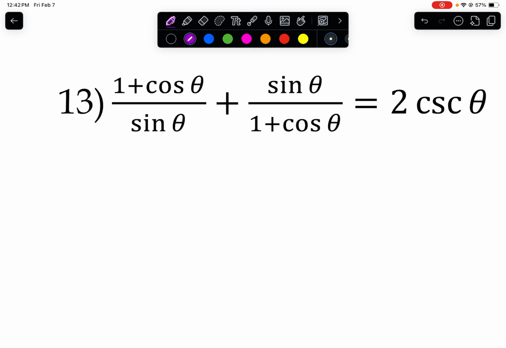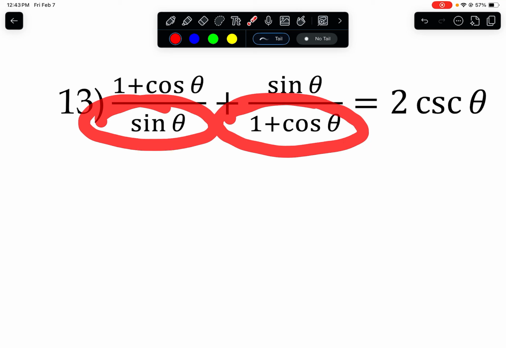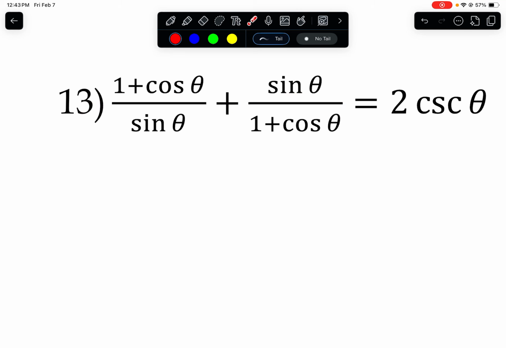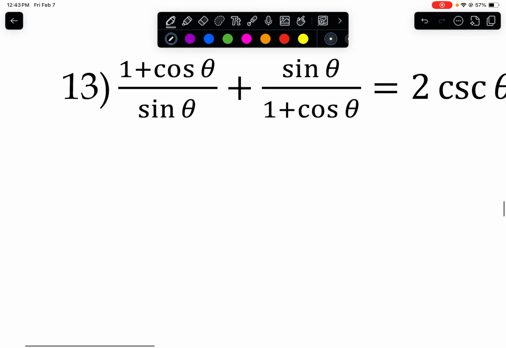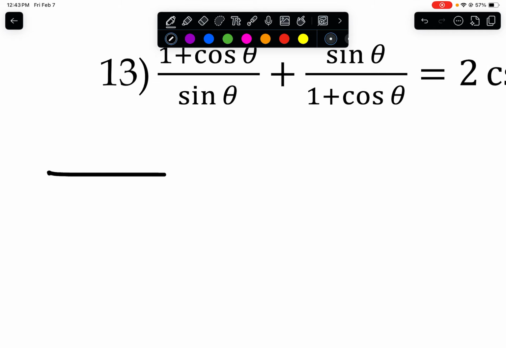Okay. 1 plus cosine theta over sine theta plus sine theta over 1 plus cosine theta equals 2 cosecant theta. So I see my two fractions here. My eyes go directly to the denominators. I need to be able to combine these fractions, which means I need a common denominator. So I'm going to do 1 plus cosine theta over sine theta.